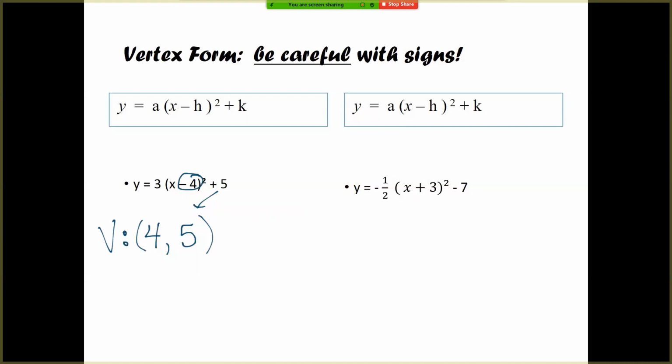See if you can look at this second one here and identify the vertex. You've got to change the sign on the inside. The outside stays the same.